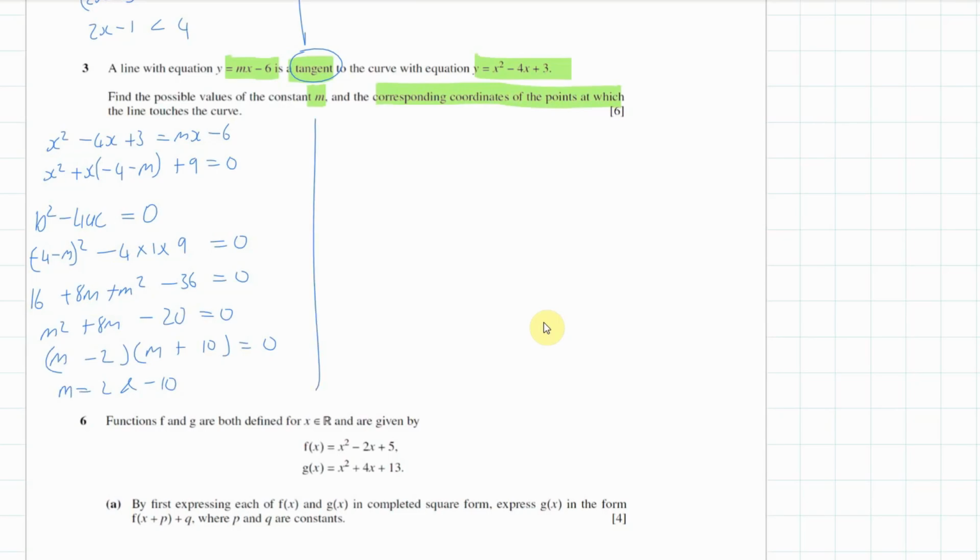Now, if it's 2 and negative 10, then we've got one line is y equals 2x minus 6, and the other one would be y equals negative 10x minus 6. Now, we've got to find out where they touch. So if y equals 2x minus 6, if m is 2, then we're dealing with a situation like this, I guess.